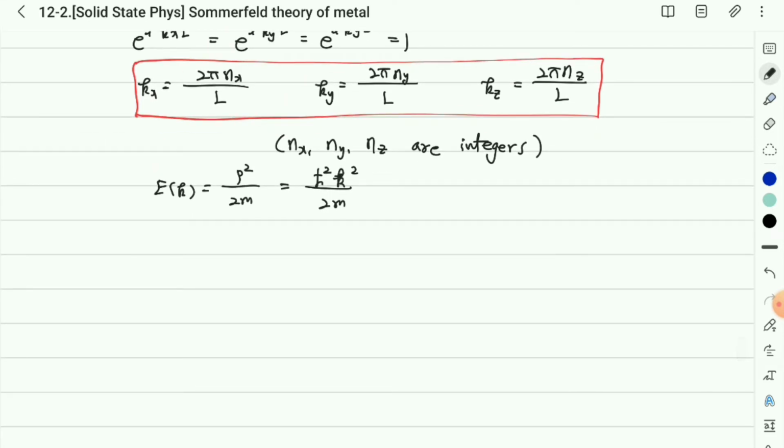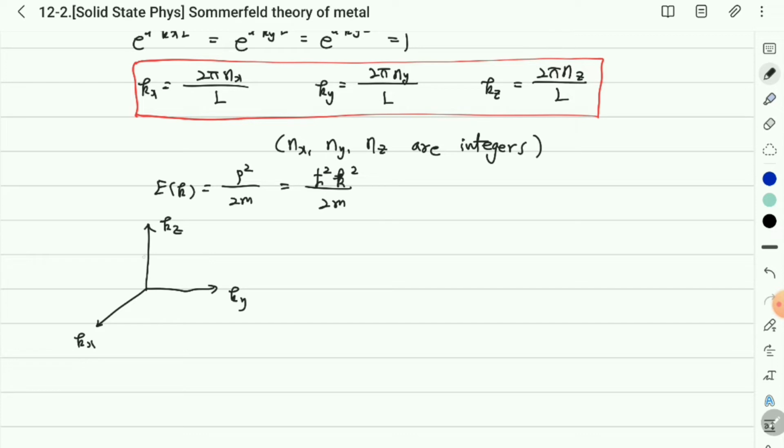Here, this is a real space expression, but in quantum mechanics or solid state physics, we should consider momentum space. In other words, it is k space, the k_x, k_y, k_z space. It is momentum space. Then, because n_x, n_y, and n_z are integers, we can think that there are quantum states.